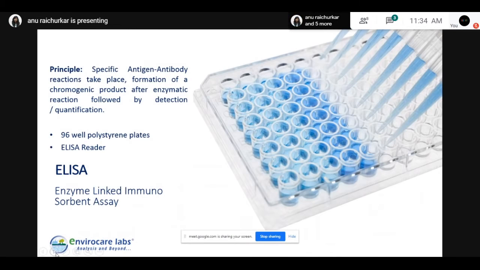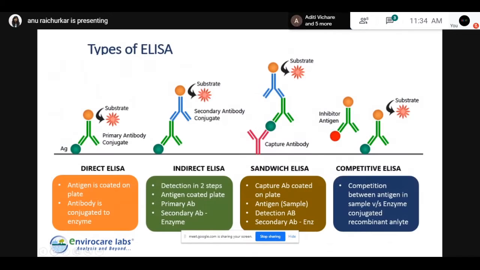I'll go into more details. There are four types of ELISA: direct ELISA, indirect ELISA, sandwich ELISA, and comparative ELISA. Direct ELISA is very basic. Your antigen is immobilized onto the plate. We add our primary antibody, which is complementary to our antigen of interest.